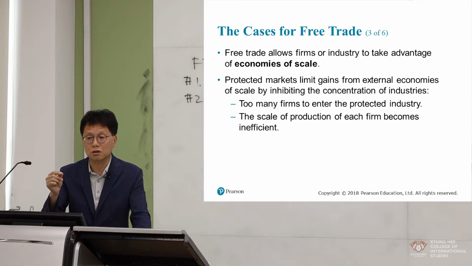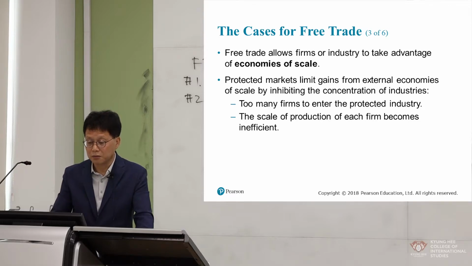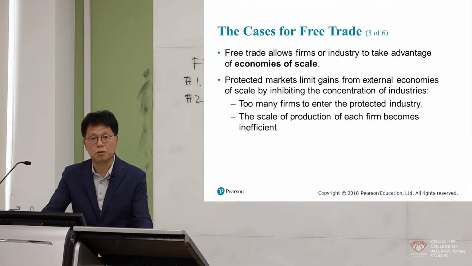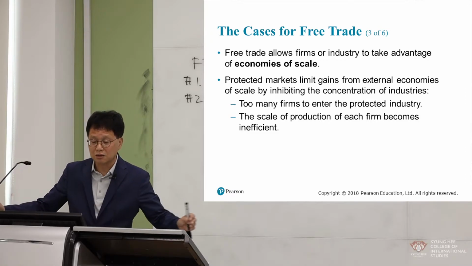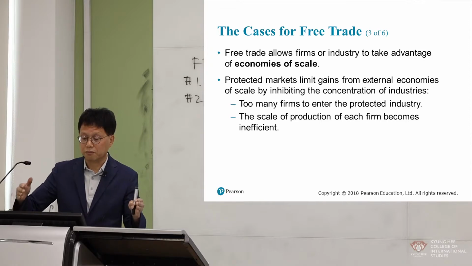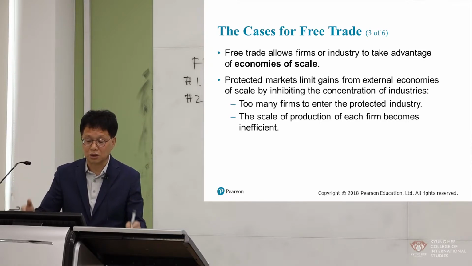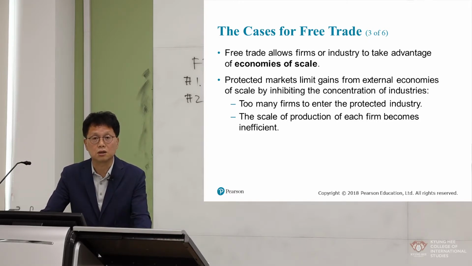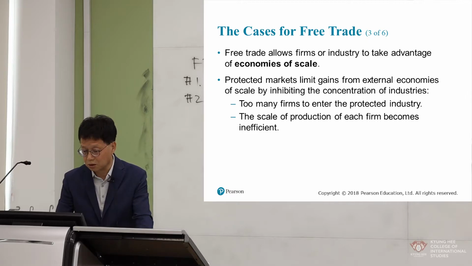So it produces the same good with higher cost, right? But if this kind of 골목상권법 is repealed, then what happens? Large bakeries occupy most of the market. Then production size increases, production cost decreases, and the price of goods decreases greatly. That is the story of scale economies, internal or external.